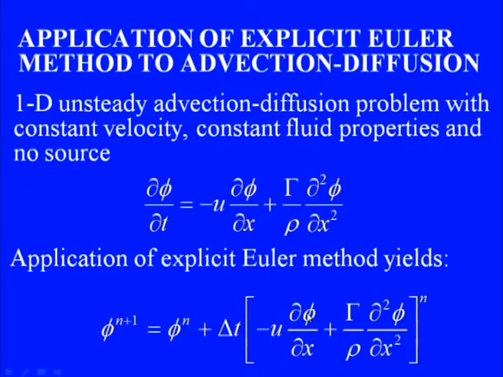Now we have got two derivatives here, one with the convection term del phi by del x and one with the diffusion term del 2 phi by del x square, and at each grid point we need to find out their finite difference approximation.